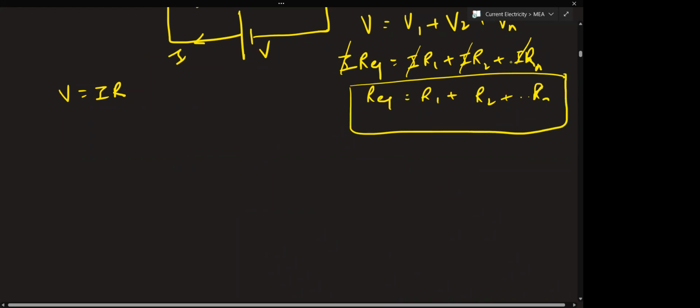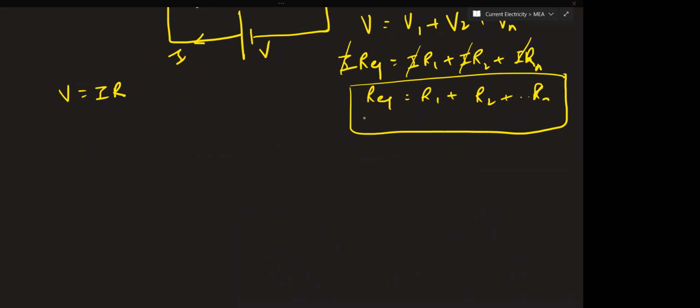So Q by C got us 1 by C equivalent as 1 by C1 plus 1 by C2 plus 1 by Cn. In case of series combination of resistors, you have all the resistors getting added together. Resistances are getting added.